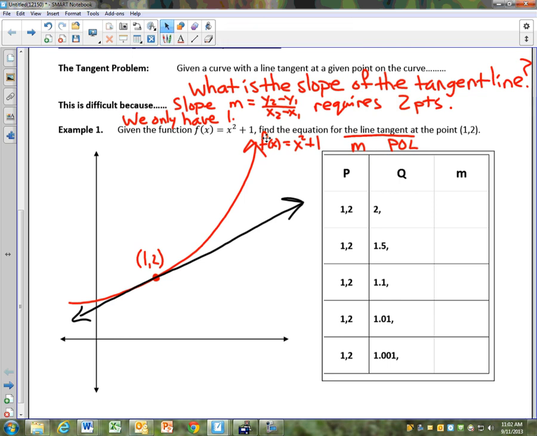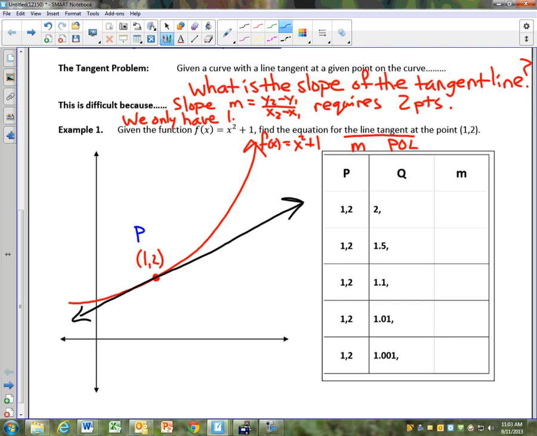Well, I don't know how the calculus works yet, so I'm going to come up with an approximation to start with. And what I'm going to do is select point P, which is 1, 2, and another point Q that has an x value of 2.